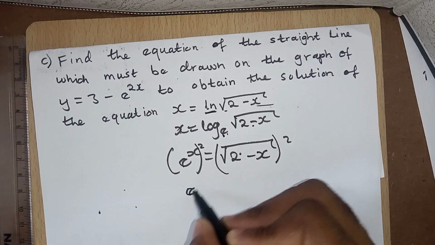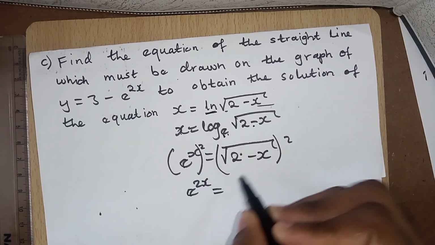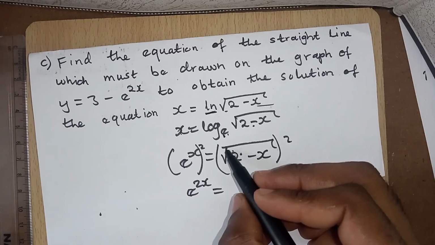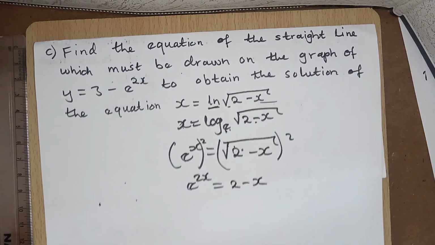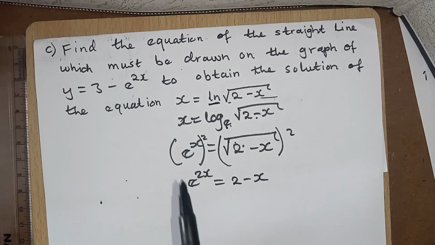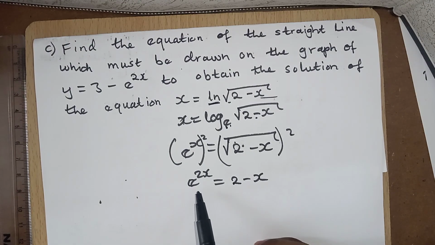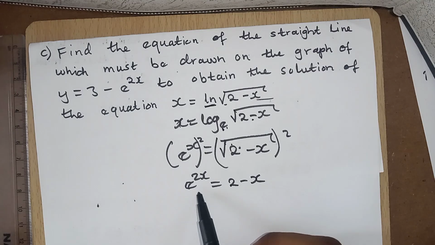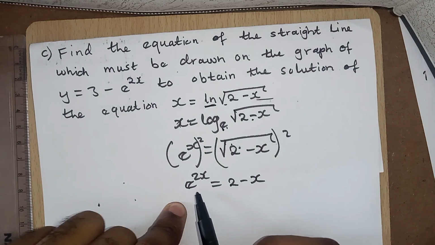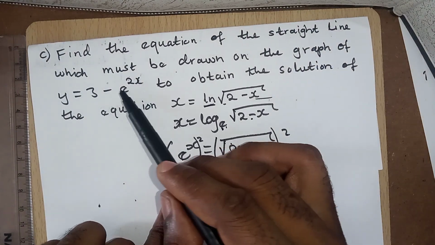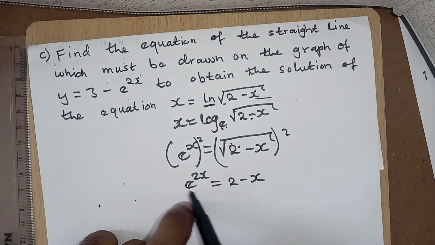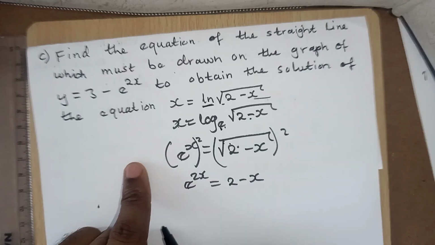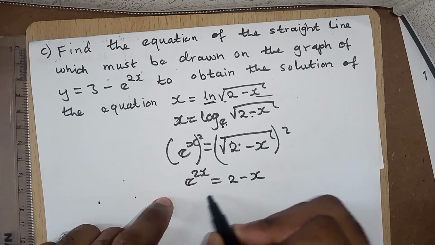So this one will be e to the power 2x, and then this will take care of the square root, so that you have 2 minus x. And then now we are getting there, but we are not quite there yet. We want e to the power 2x to be negative, so I can just take this to the other side and bring everything else this side.